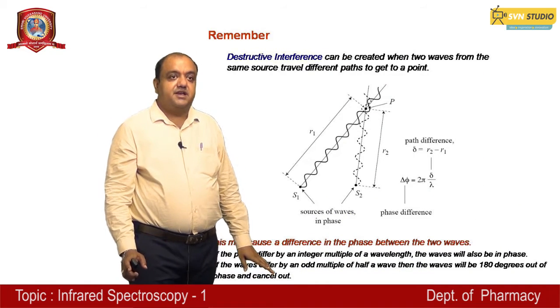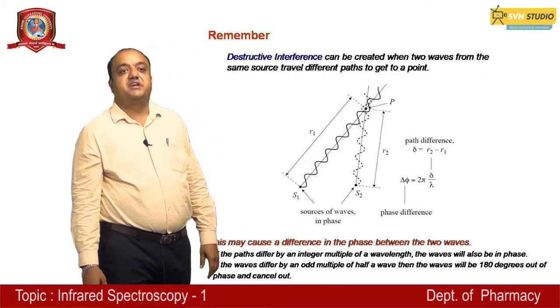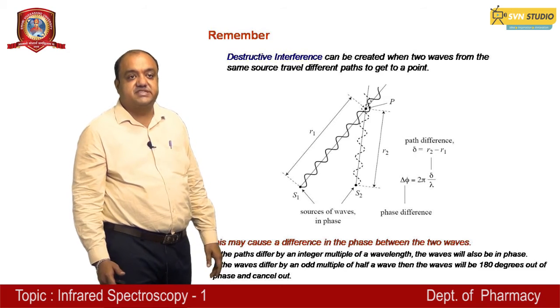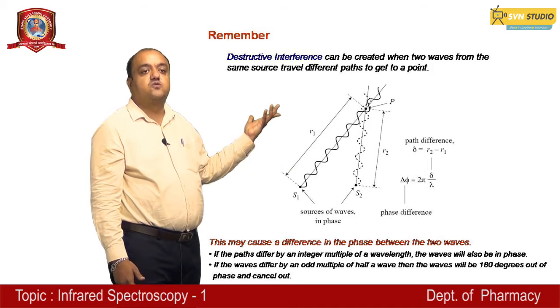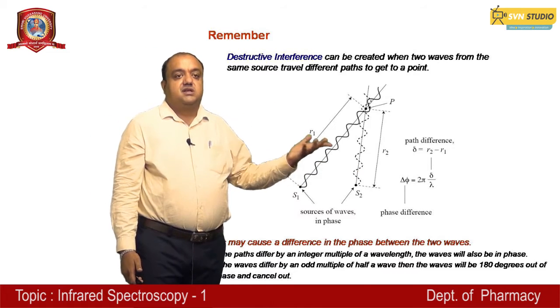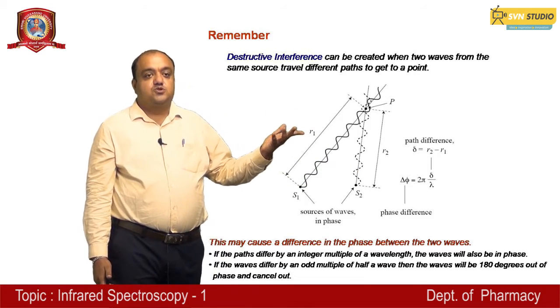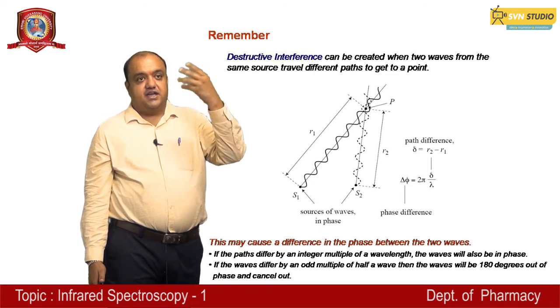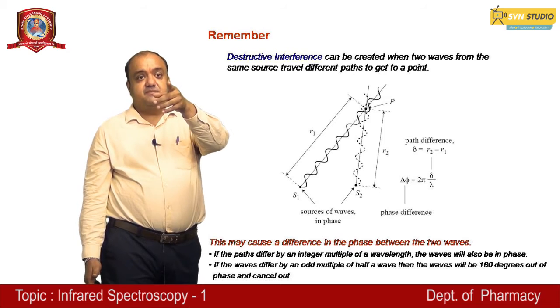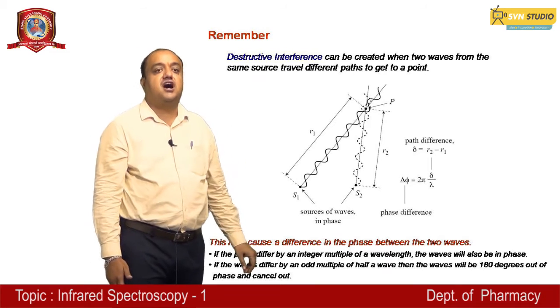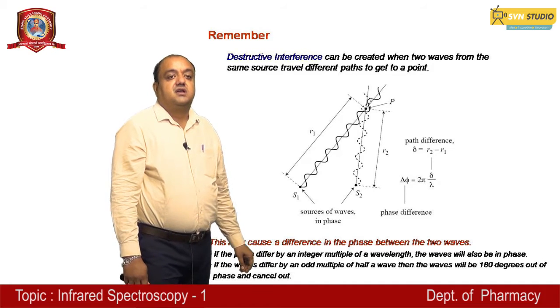One thing to remember: destructive interference can be created when two waves from the same source travel different paths to get to a point. The graph shows the source of the wave, with the same source traveling, and this is the path difference, denoted by delta, R2 minus R1.